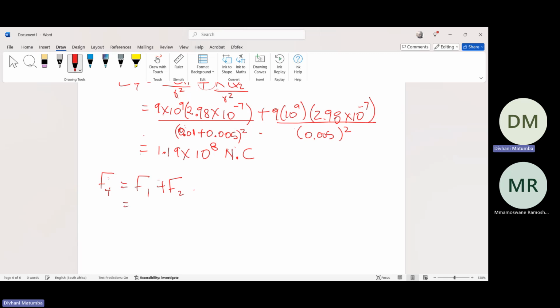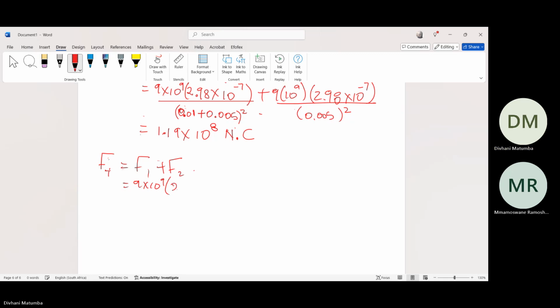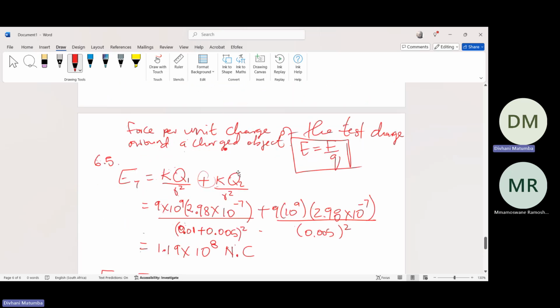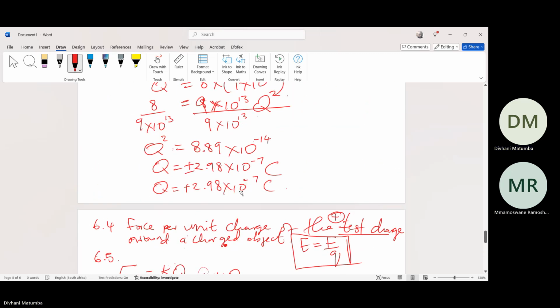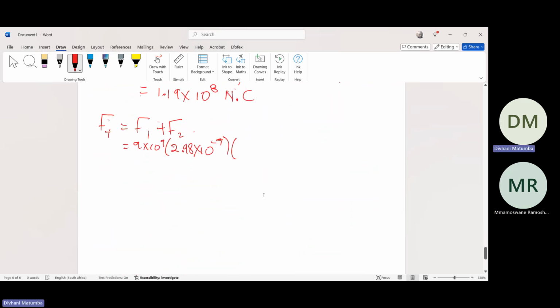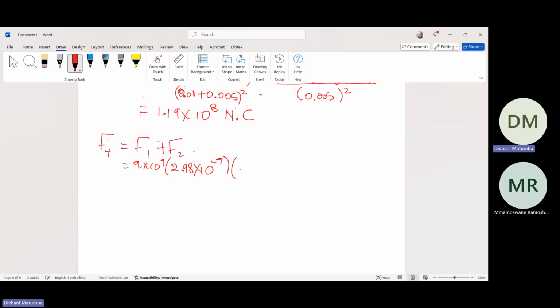Okay, so this will be 9 times 10 to the power of 9 times 2.98 times 10 to the power of minus 7 times 5 times 10 to the power of minus 6, a micro is 10 to the minus 6.